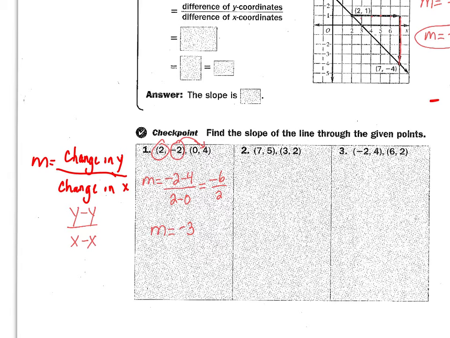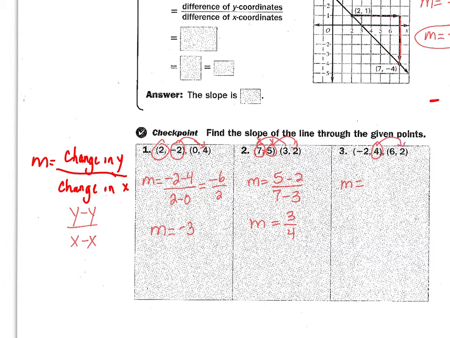Number 2, if I start with this one's x and this one's y, I'm going to take 5 minus 2 over, come back to this one and put 7 minus 3. And again, it doesn't matter which one you pick. So m is going to equal 3 over 4. And then this one, I'm just going to start with this one's y.